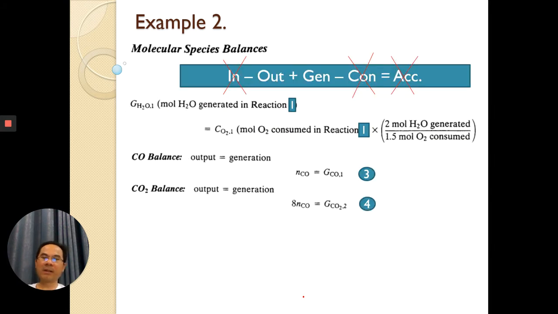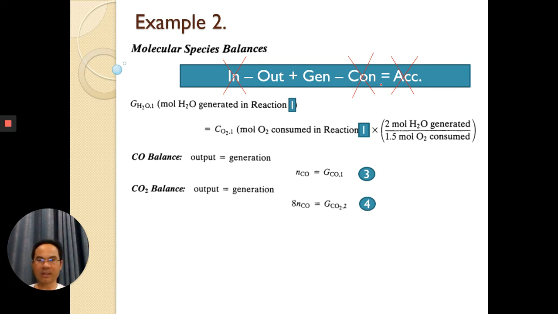Okay, first we will consider the molecular species balance. If you recall the general equation: input minus output plus generation minus consumption equals accumulation. For this process, it is a steady state process. There is no accumulation or depletion in the system.